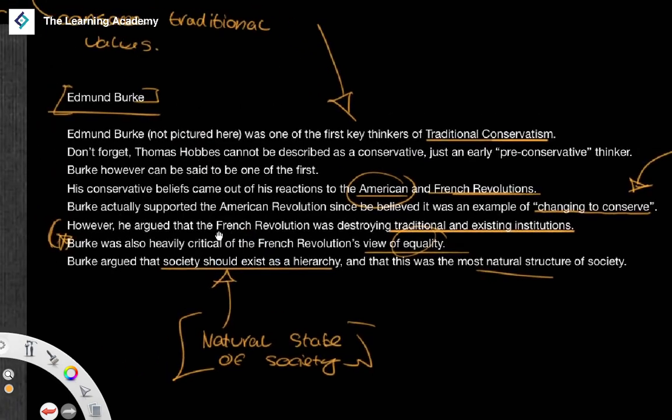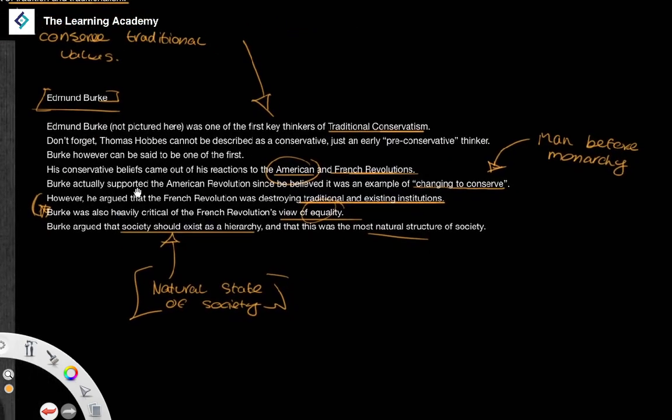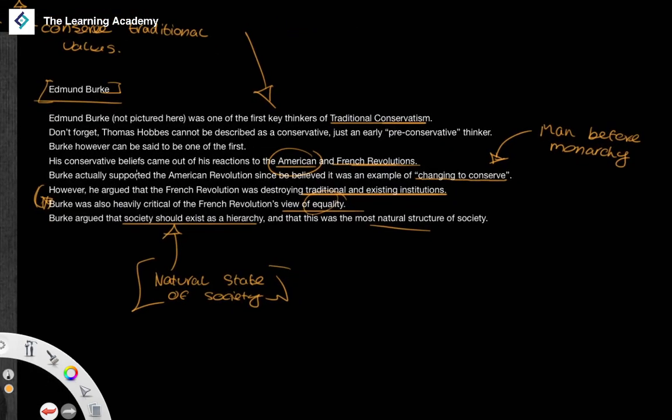So from this we can see where Edmund Burke's philosophy comes from, and in the next lesson we're going to look at how this was built upon in the more modern era, specifically the late 1800s and early 1900s, looking at Benjamin Disraeli and his conception of one nation conservatism.